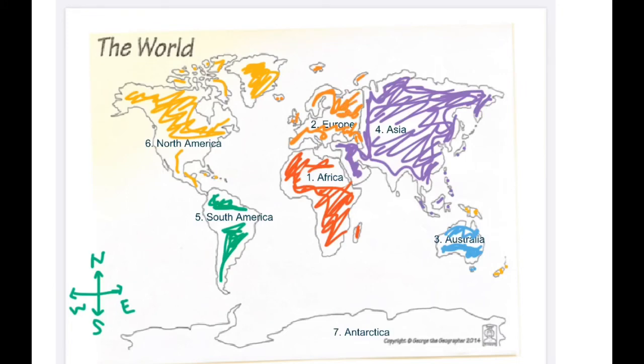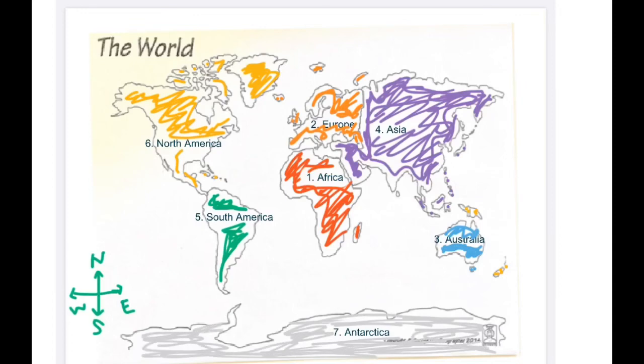Okay. And then last but not least, we have Antarctica. So we'll do it in light gray. This whole section is Antarctica. Okay, so we're going to make sure we get it.